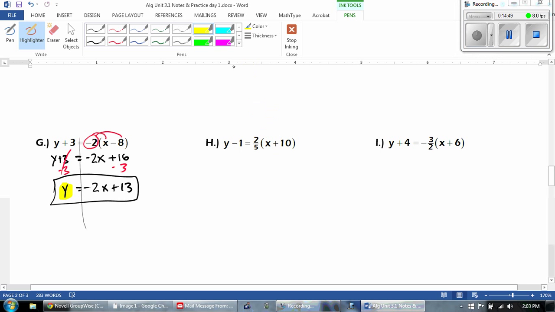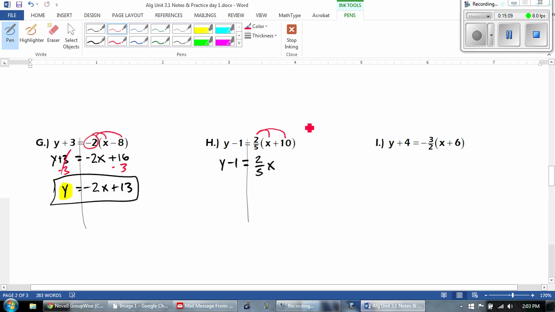Okay, let's keep going. So I'm going to draw the line down the center. On the left side, I have nothing to do. Now, I'm not going to freak out right here because 2/5 times x is just 2/5 x.